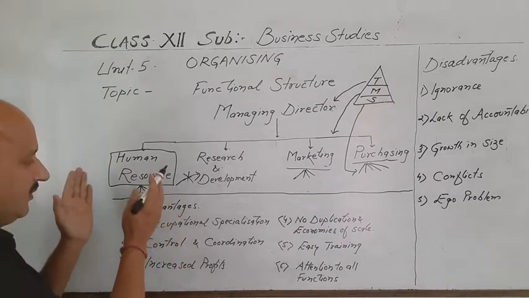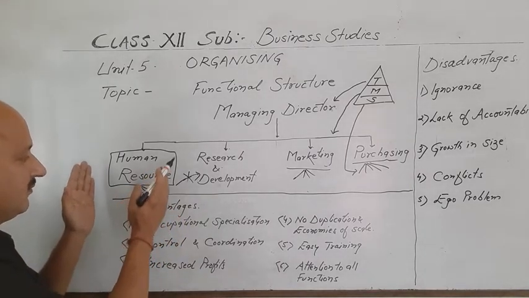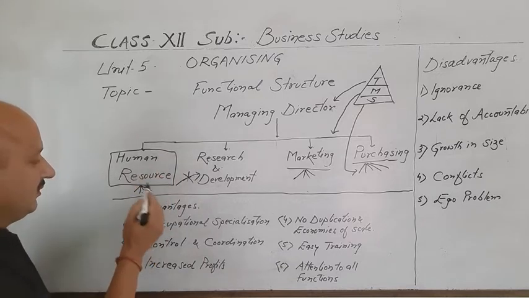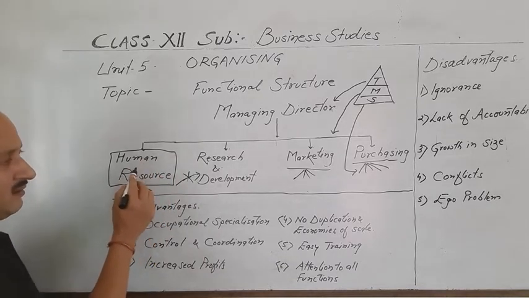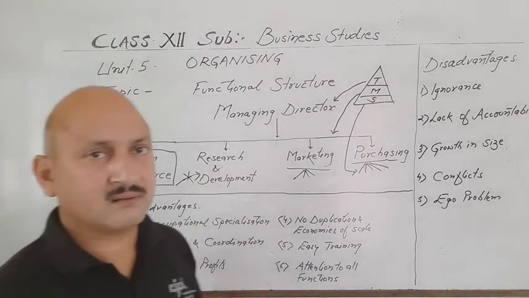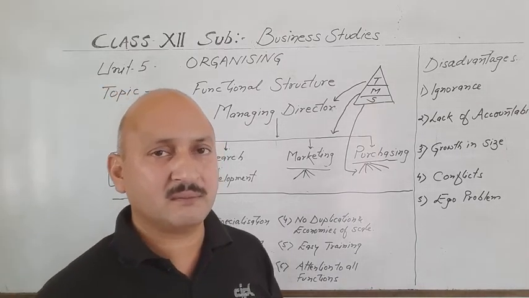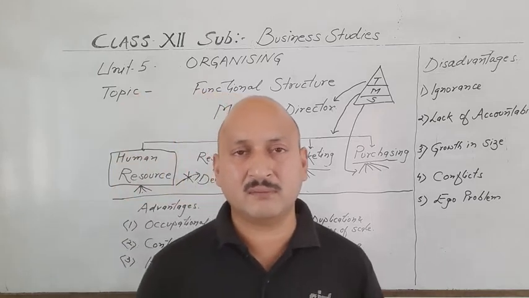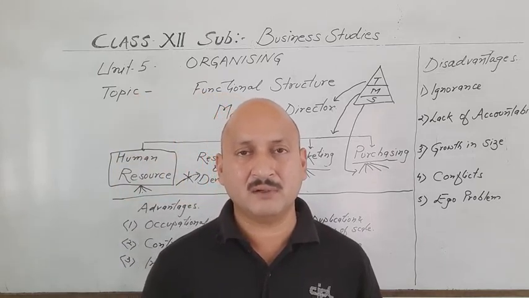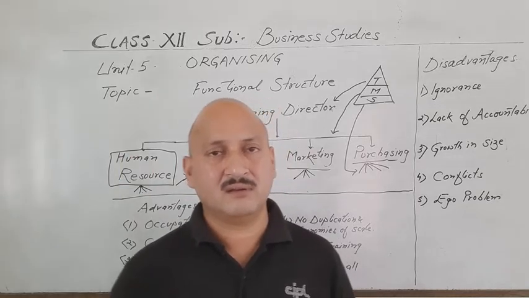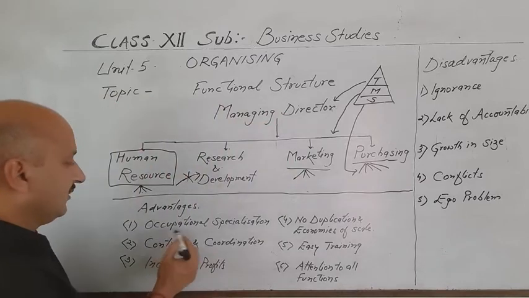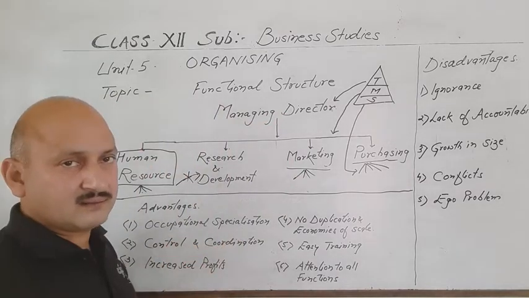So it is occupational specialization because for the full tenure of their job, they will be in the same department. Their department will not be changed. For example, I am teaching commerce, so I will never be changed to the science classes because I am not eligible to perform those functions. So it is the first advantage, occupational specialization.